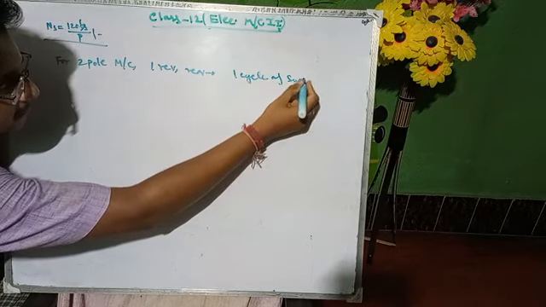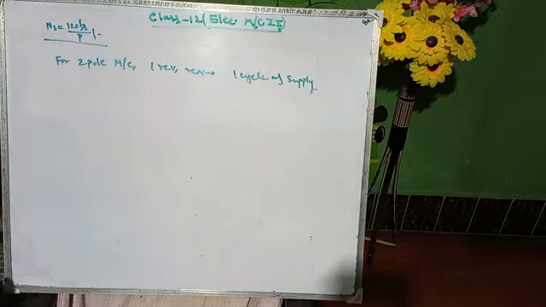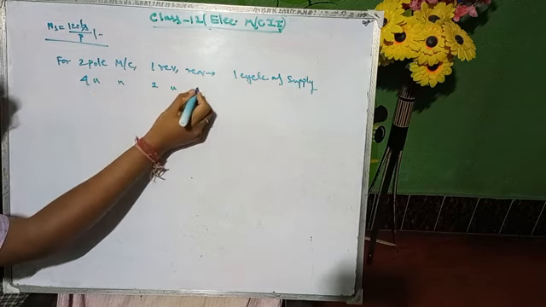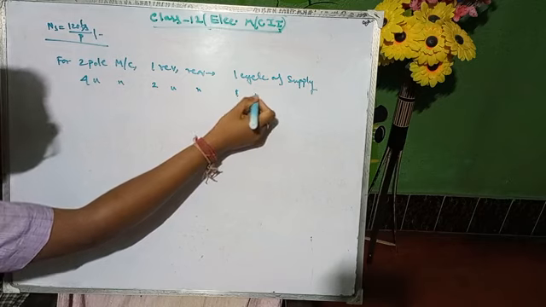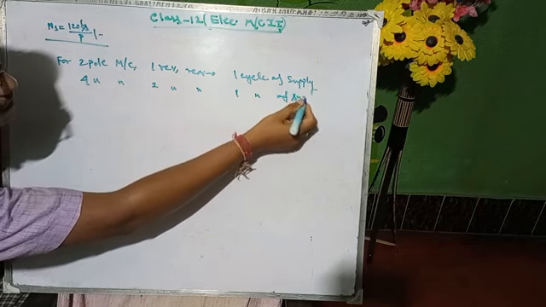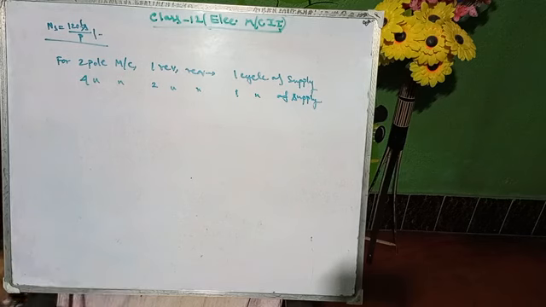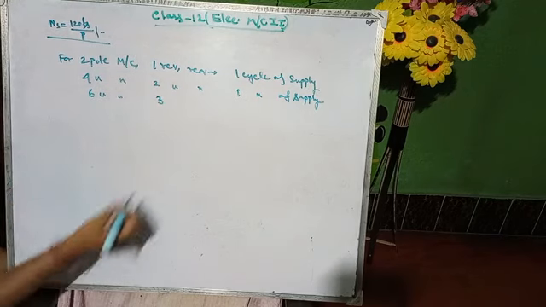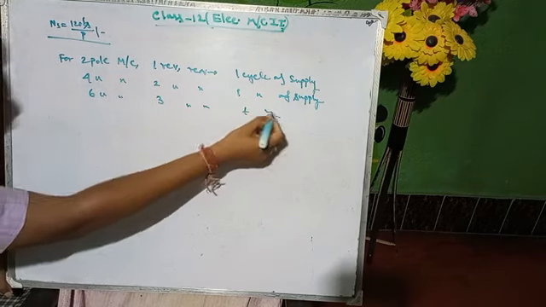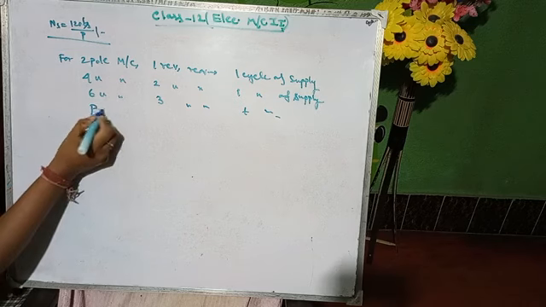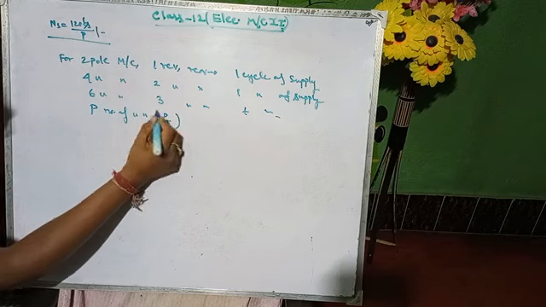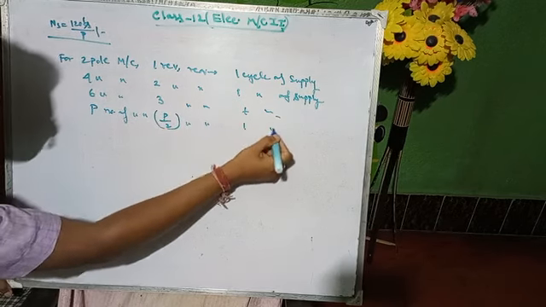Similarly, for a 4-pole machine, 2 revolutions are required for 1 cycle of supply. And for a 6-pole machine, 3 revolutions are required to complete 1 full cycle of supply. That is, for a P-pole machine, P by 2 revolutions are required for 1 cycle of supply.